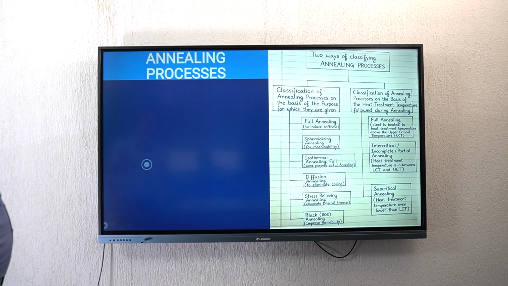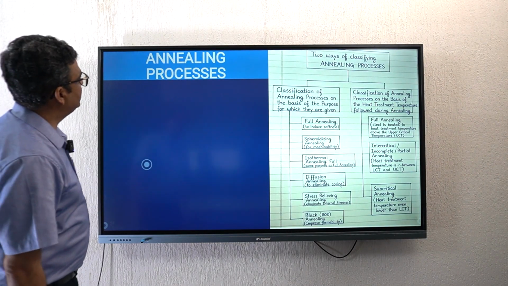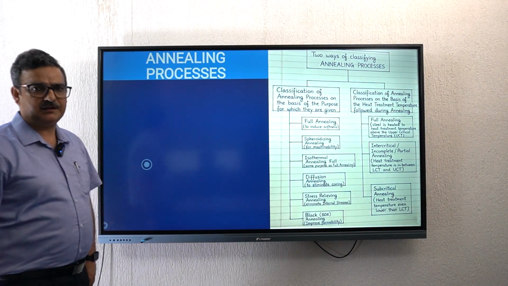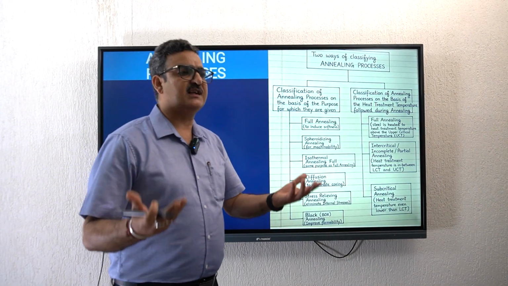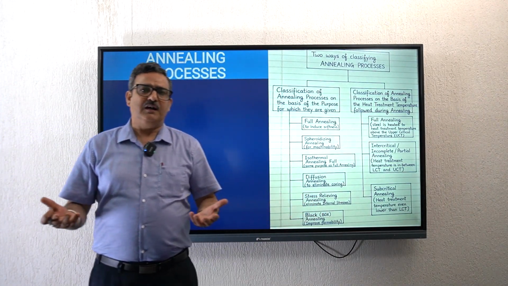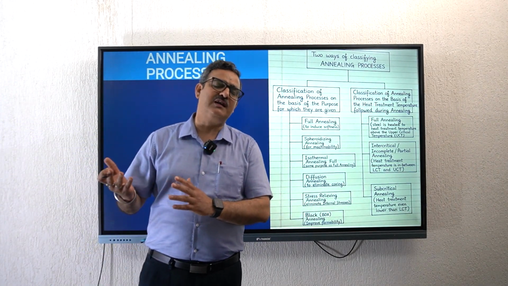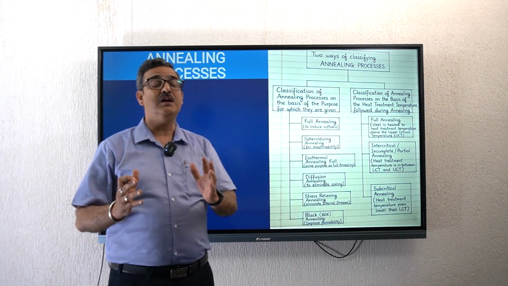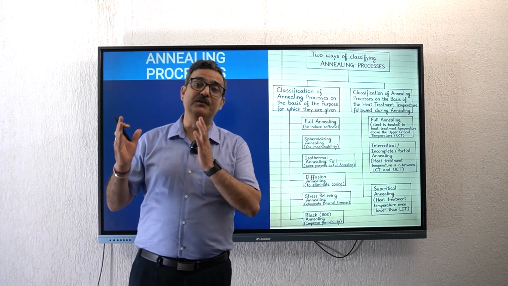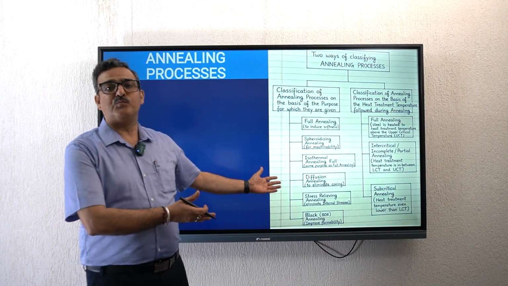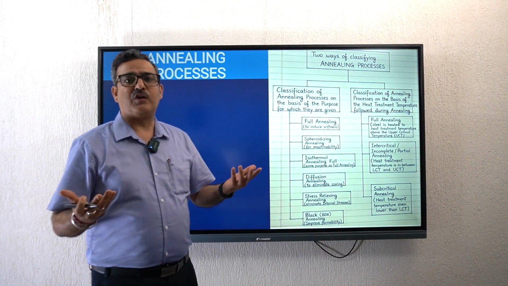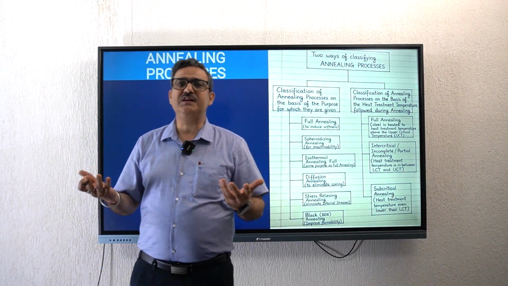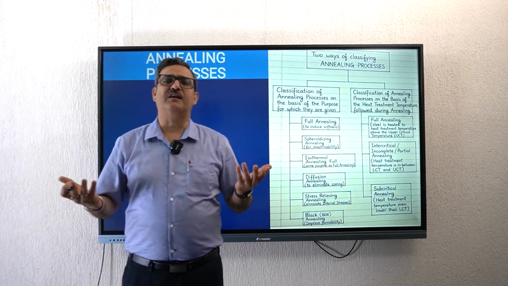Now, before I start discussing with you what is called full annealing, annealing has been classified in a couple of ways. Different annealing processes primarily are classified on the basis of the purpose or the function for which annealing treatment is being given to a steel. Like a few moments ago I said, at times you would like your steel to be very, very soft and ductile.